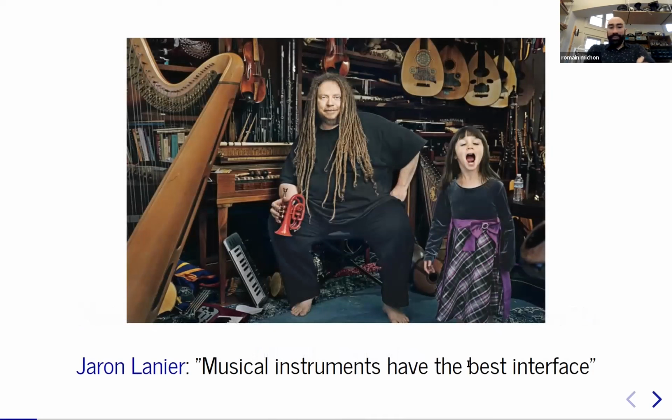This is Jaron Lanier, who is sort of considered the founder of the field of virtual reality. Maybe you never heard of him, but I think he's working at Facebook now, and he's really the person who standardized the field of virtual reality. Besides that, he's also a classically trained musical instrument player, and he talked a lot about musical instruments in general.